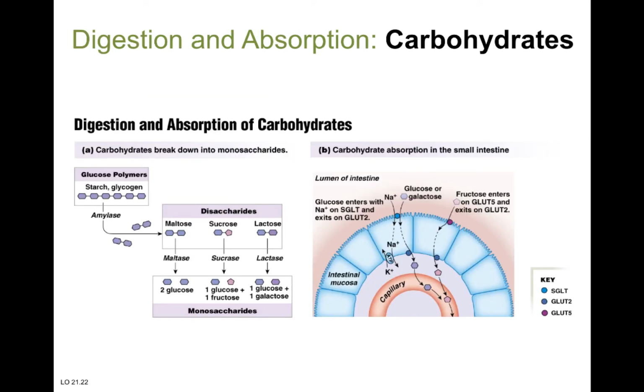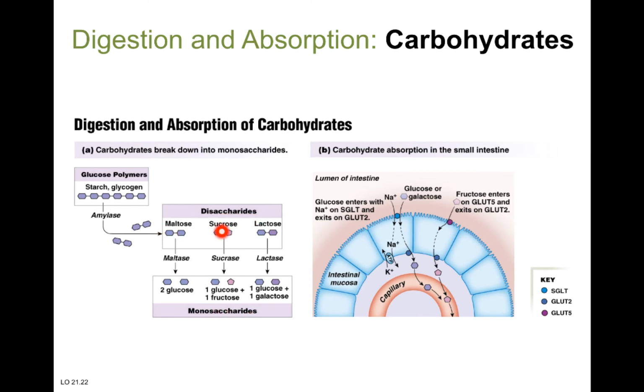Carbohydrate digestion and absorption is much more straightforward, much more simple. Much of this information should ring a bell. Okay, so big story here: we can't absorb large carbohydrates such as starch and glycogen. The amylases we've talked about, salivary amylase and pancreatic amylase, start breaking those large carbohydrates into smaller units, usually in the form of 2 or 1, so a disaccharide or a monosaccharide.